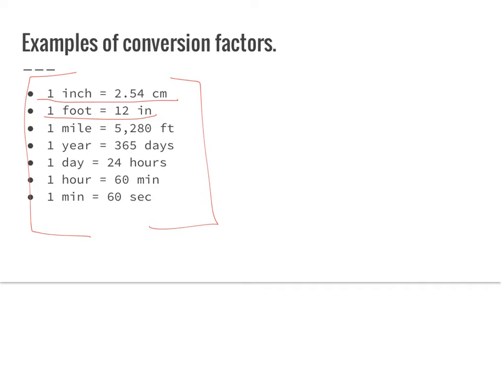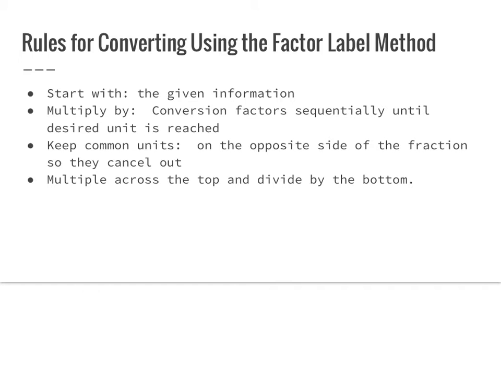So again, when we use the factor label method, we're going to use these conversion factors to help us convert between units. Okay, the rules for using the factor label method are as follows. First of all, you want to make sure that you start with the given information. Anytime you read a problem, you need to decide where it is you start from. And the starting point for these types of problems is going to be that given information.